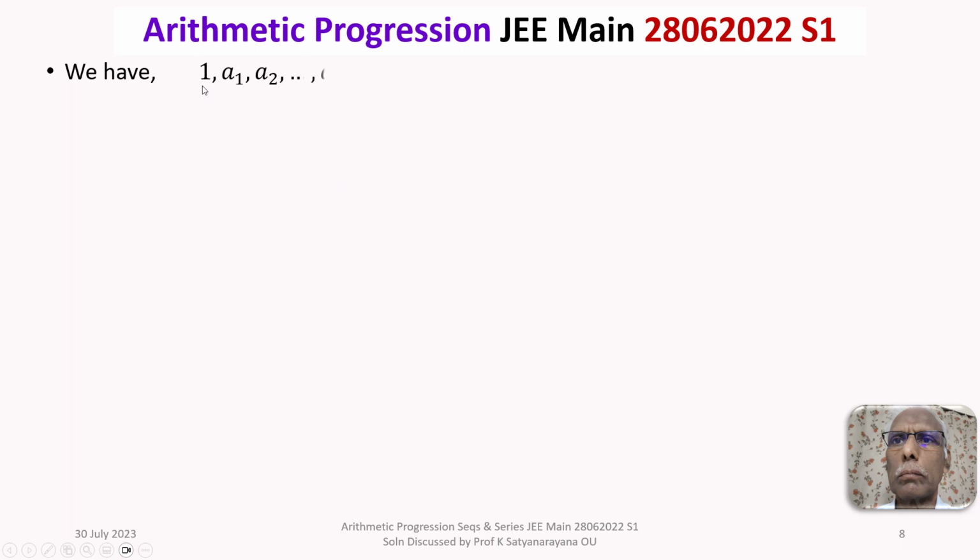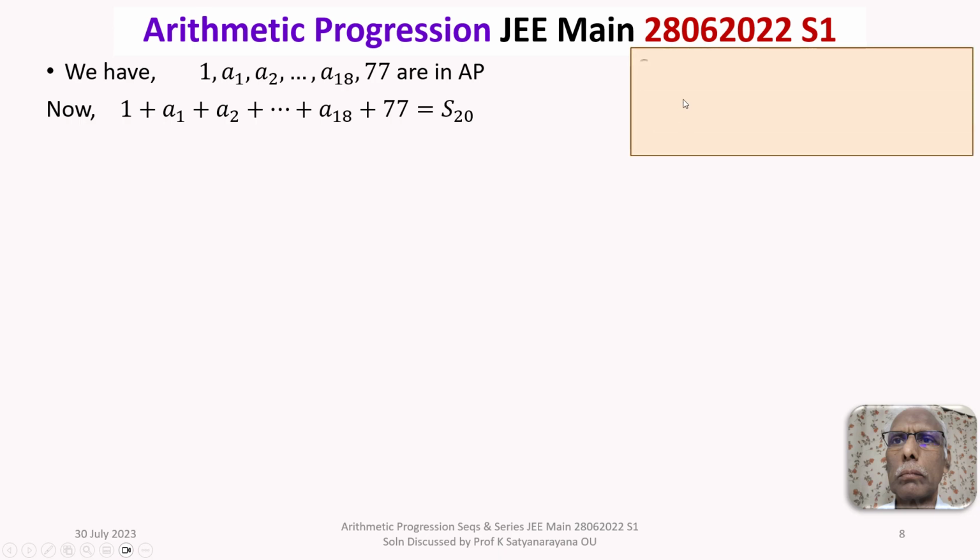We have this 1, A1, A2, etc., A18, 77. They are the 20 numbers. They are in AP. Agreed. And if I add all these terms, that means the sum of the first 20 terms, 1 plus A1 plus A2 up to A18 plus 77, is S20. And I will use a formula.